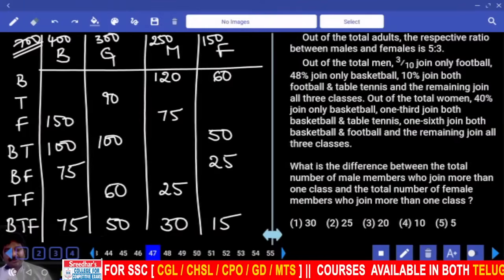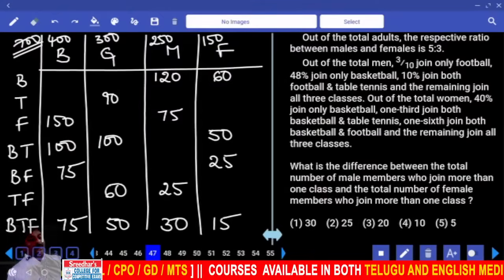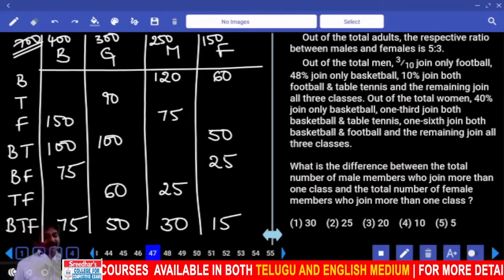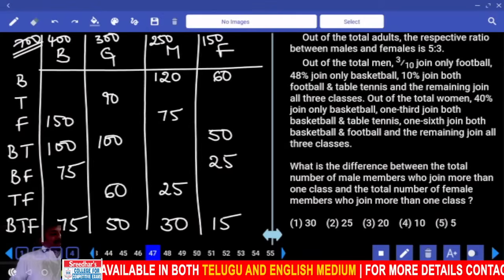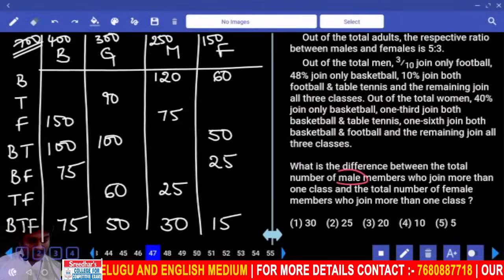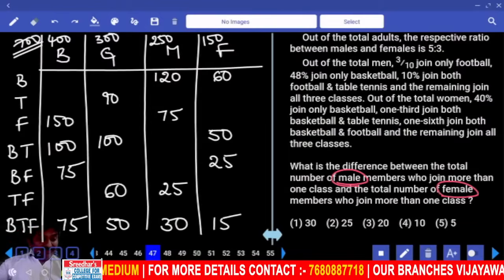What is the difference between total number of male members who join more than one class and total number of female members who join more than one class? What are they talking about? More than one class male, more than one class female.